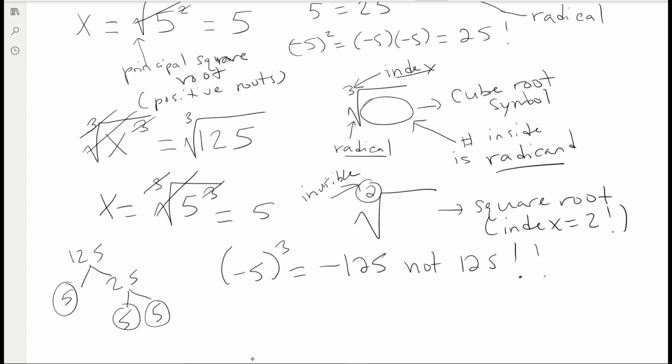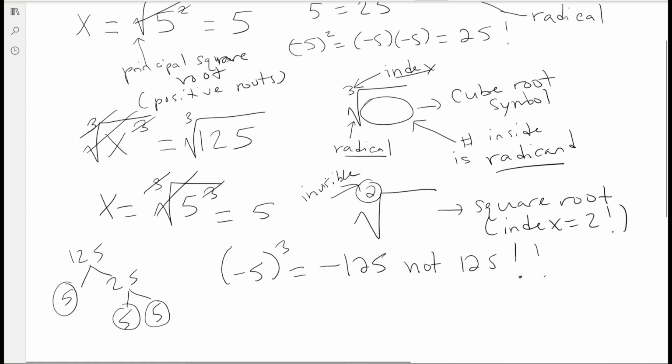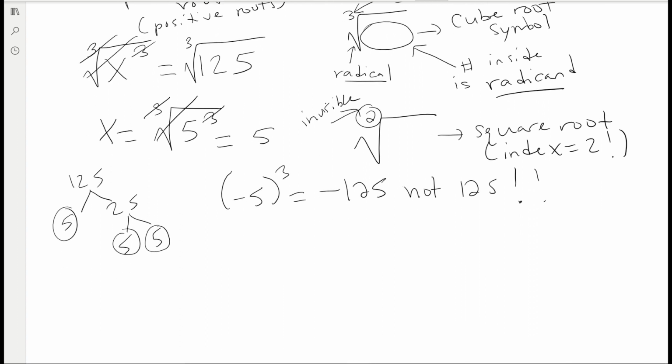So using a negative number here doesn't work like it did with the square root. So therefore, when you're taking the cube root or 5th root or 7th root, anything that is odd, you're only going to have the positive result, or rather, only the one answer, not 2 answers.